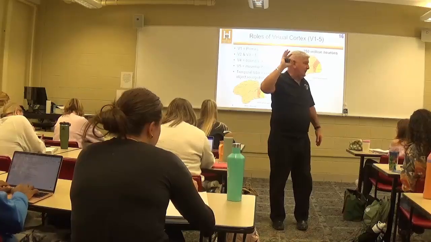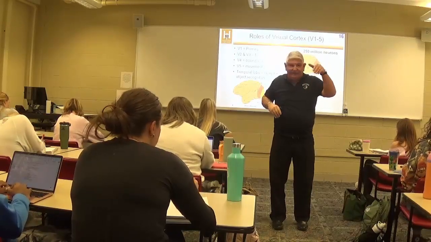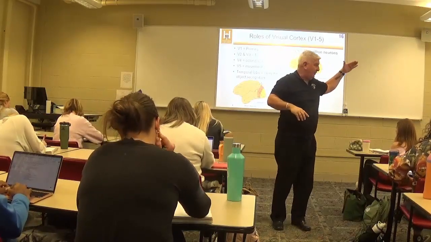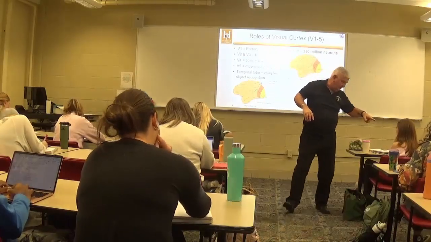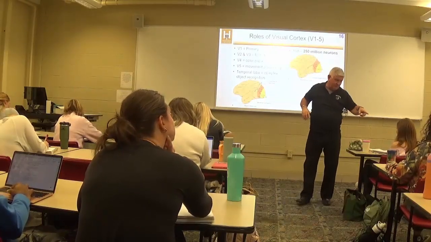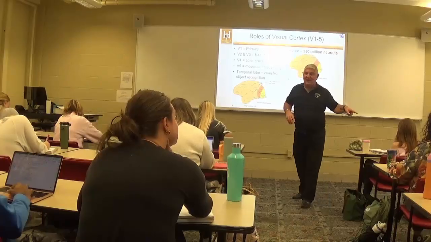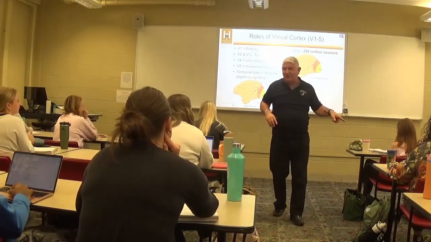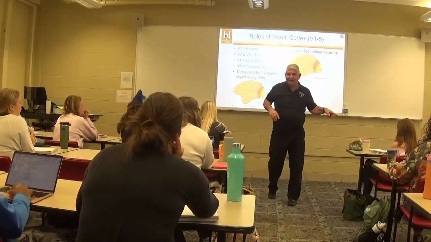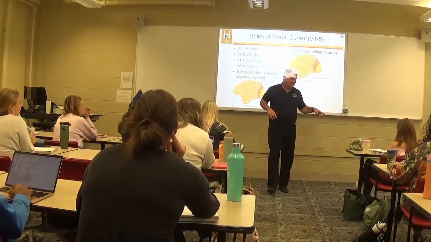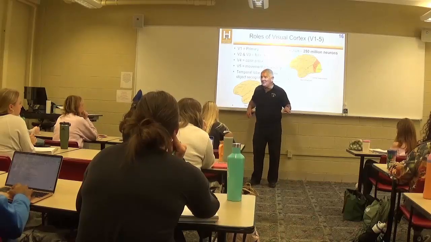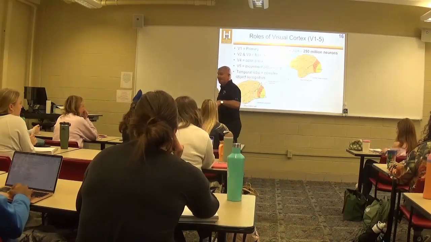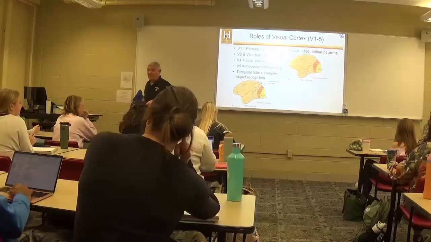One that is ventral, that dives down into the temporal lobe, and what's located in the temporal lobe? The hippocampus, and what is the hippocampus involved with? Memory. And where do we store memories? In neural networks in the temporal lobe.